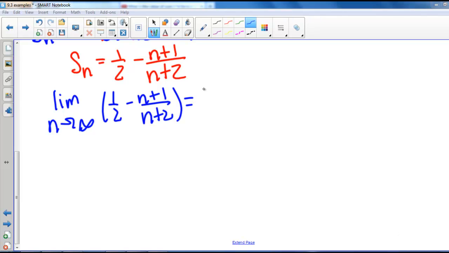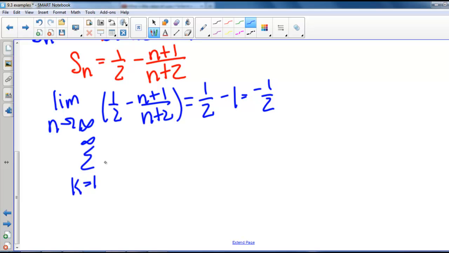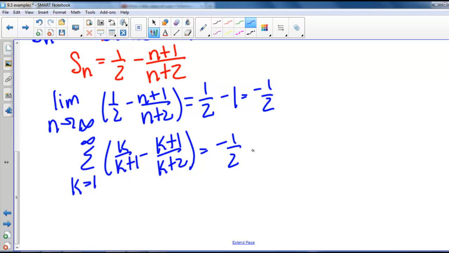And this limit equals 1/2 minus 1, which is negative 1/2. So that means that our series from k equals 1 to infinity of k over k plus 1 minus k plus 1 over k plus 2 equals negative 1/2 and converges.